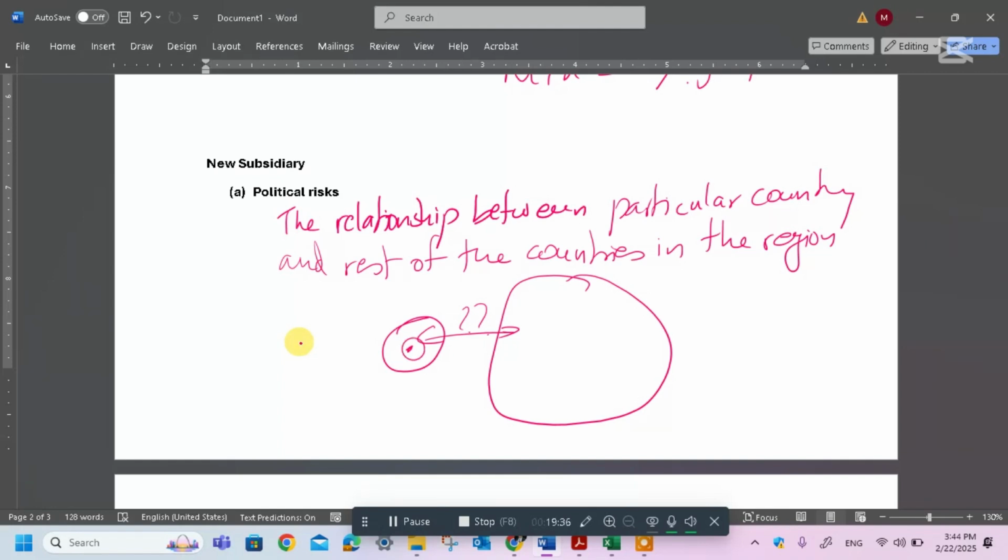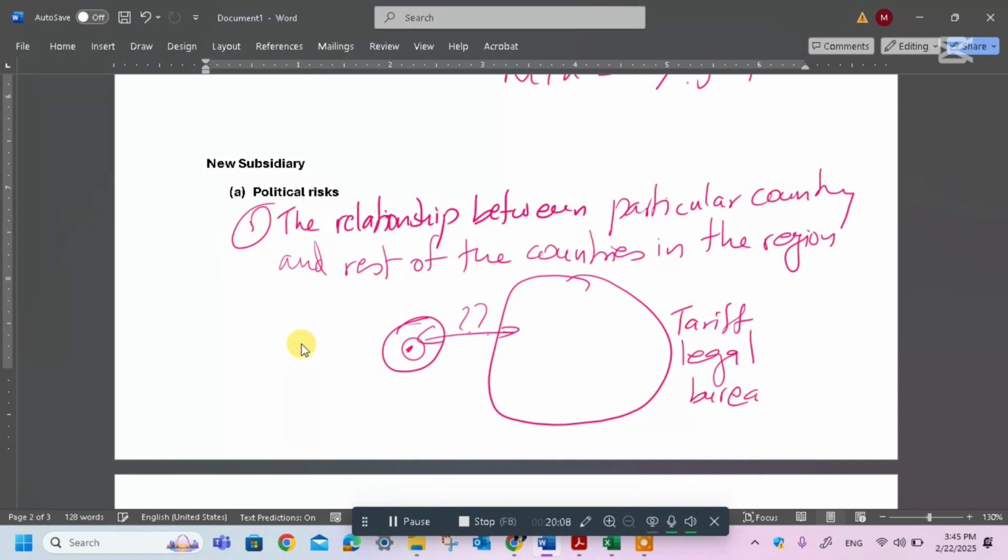What if there will be tariffs? What if there will be legal requirements? What if there will be bureaucracy? Higher bureaucracy just to reduce the imports from this country towards the region. So there must be challenges that the company will have to face. So those are one type of political risks that the company has to consider. This can increase the tariffs. There can be legal issues or legal requirements.